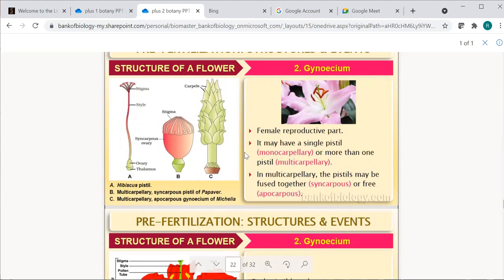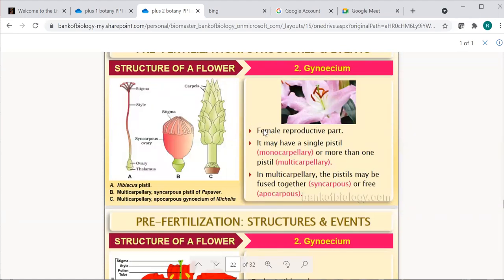Before, in the previous slides, we talked about the stamen, which has two parts, anther and filament. Now we are going to talk about the female part, the gynoecium. What parts does it have? It has stigma, style and ovary.